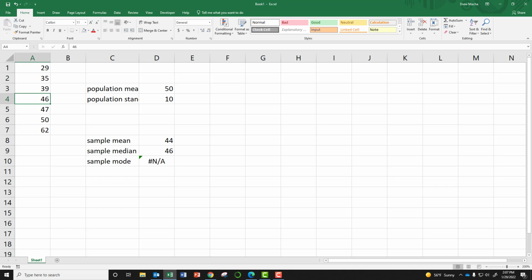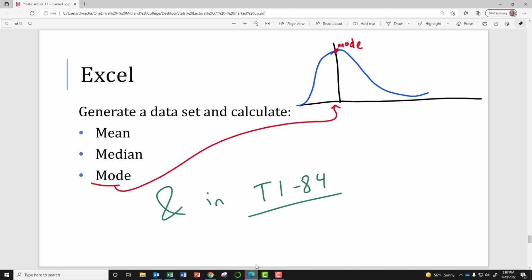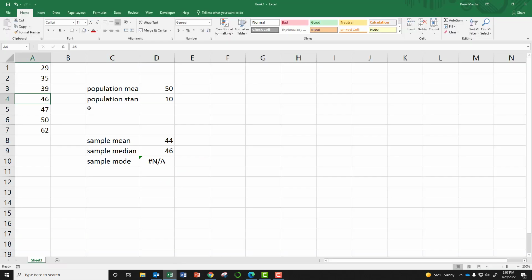Theoretically, when we have a distribution that we come up with in theory, the mode really does mean something. It's the maximum probability. That's for a continuous distribution, but in this case, I don't know that the mode necessarily means a whole lot when you have a small amount of data measurements from a quantitative source.